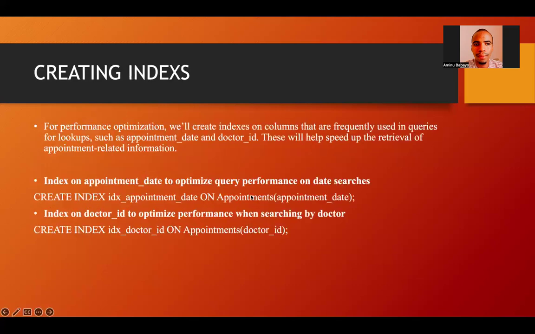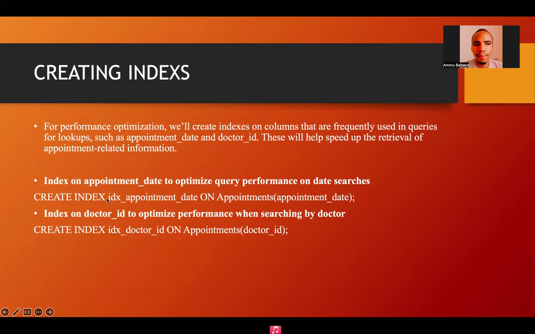So here we have the created indexes. For performance optimization, we create indexes on columns that are frequently used in queries for lookups, such as appointment date and doctor ID. This will help speed up the retrieval of appointment-related information. We have two indexes. The index on appointment date optimizes query performance on date searches.